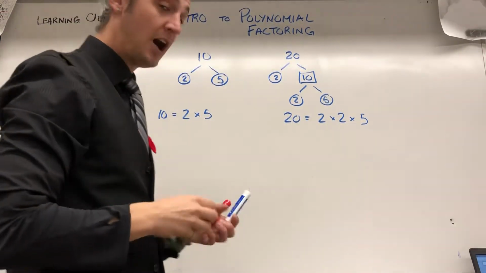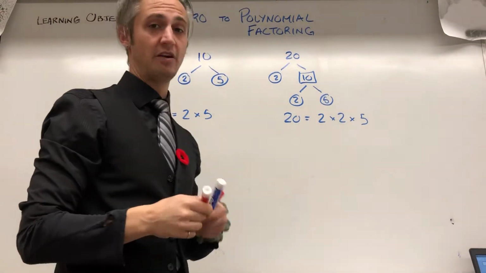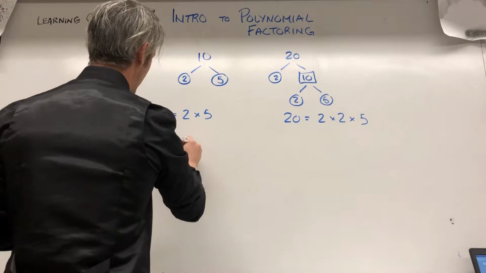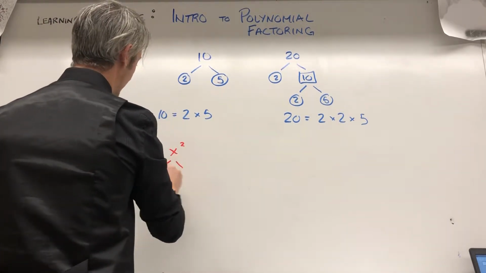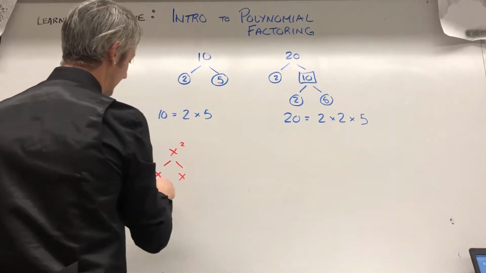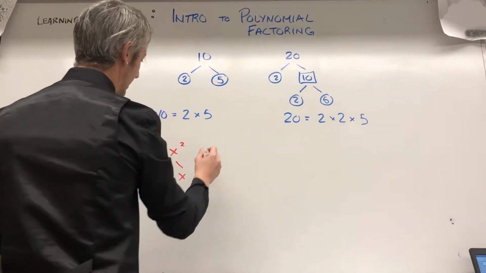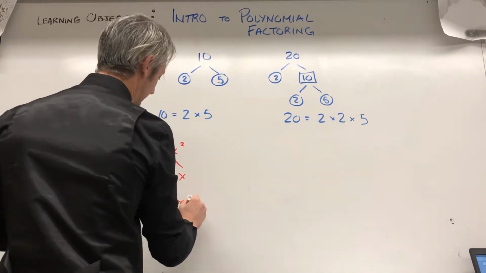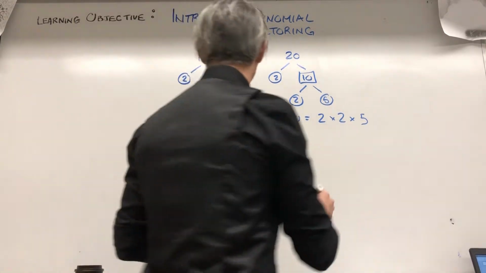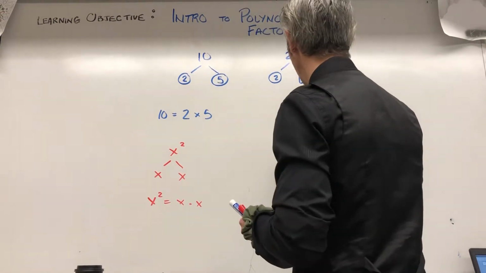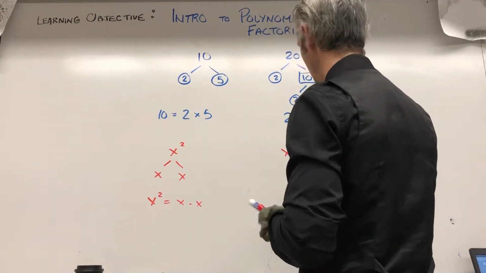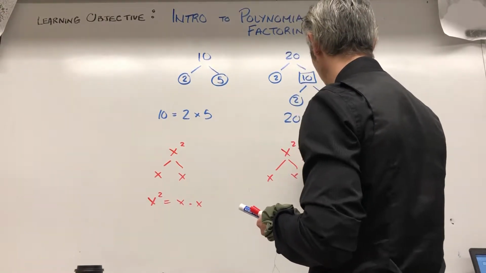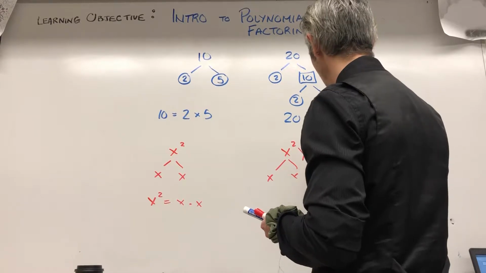Now we can do the same process with variables, and it's actually a lot more straightforward. So say I had x squared. Well, x squared's factors are x and x, because x times x is x to the 1 plus 1, which is 2. So I could write x squared is equal to x times x. If I had something like x squared y squared, I could factor this as x and x, and y and y.